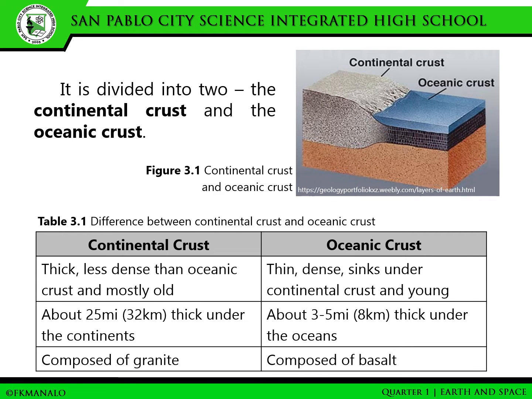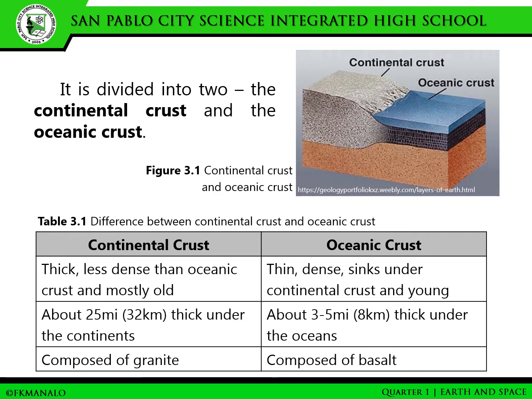The Earth's crust is divided into two: the continental crust and the oceanic crust. But how are these two different from each other? The difference between continental crust and oceanic crust may be accounted to the density and to the rock composition. The continental crust is thick, less dense than oceanic crust, and mostly old.